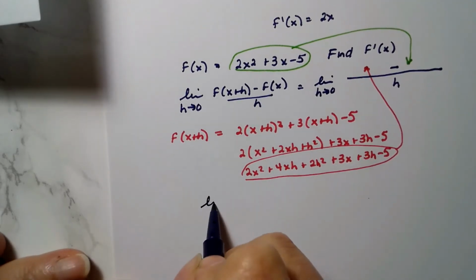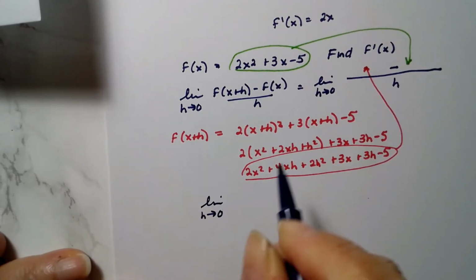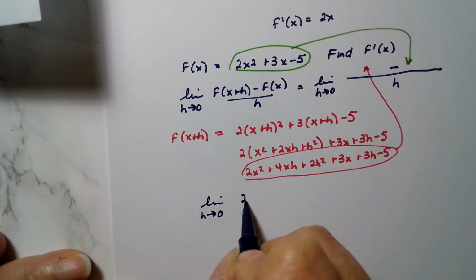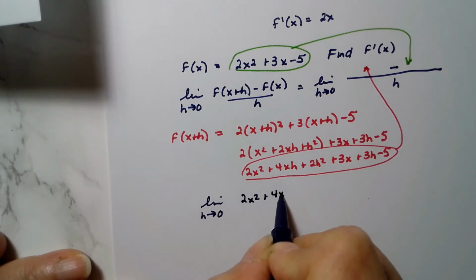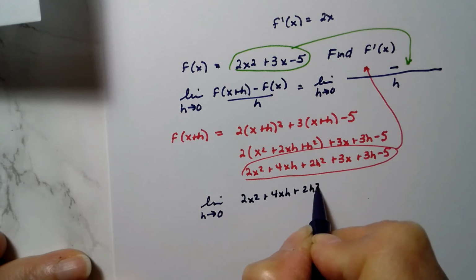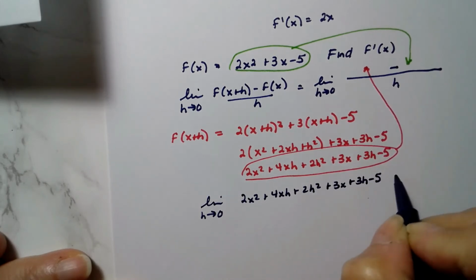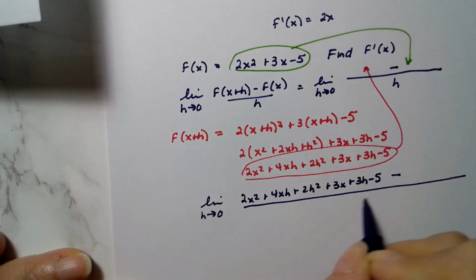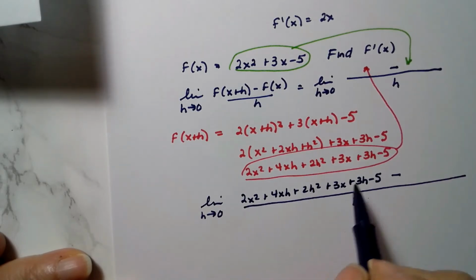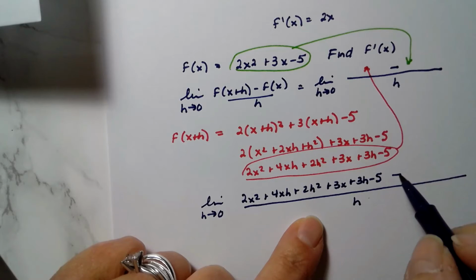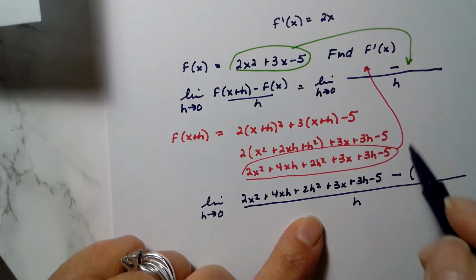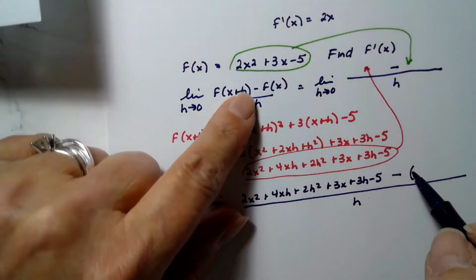So we have the limit as h approaches 0 of 2x squared plus 4xh plus 2h squared plus 3x plus 3h minus 5 minus, okay, so that's this here. Remember, if you have more than one term to the right of the minus sign, use parentheses so you don't forget to distribute.